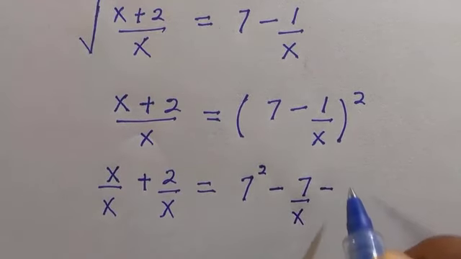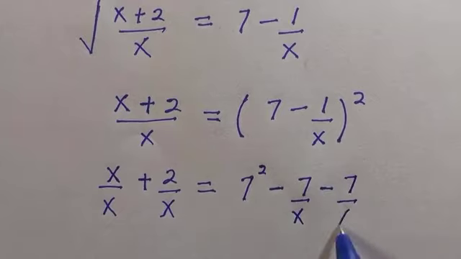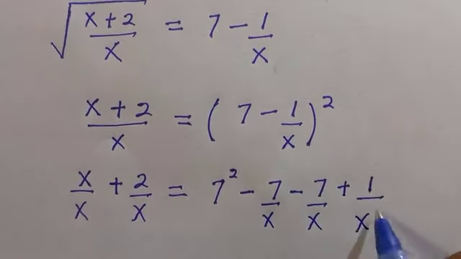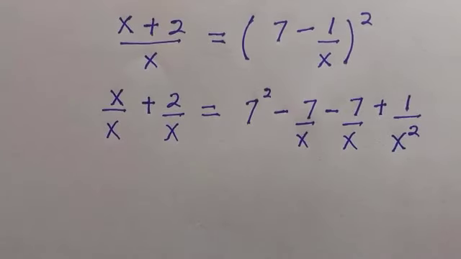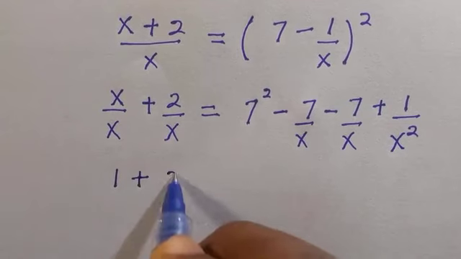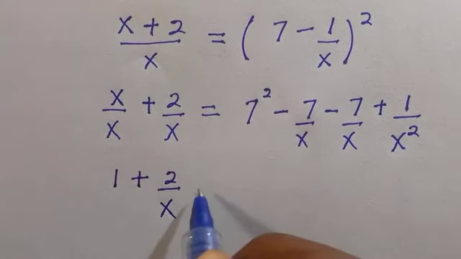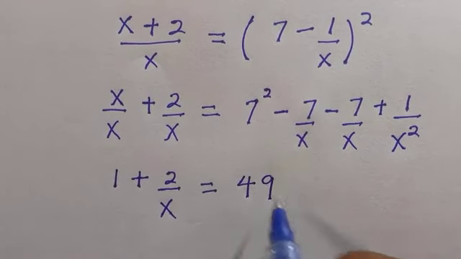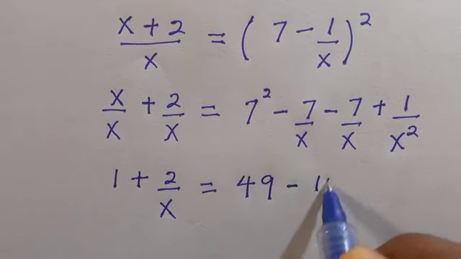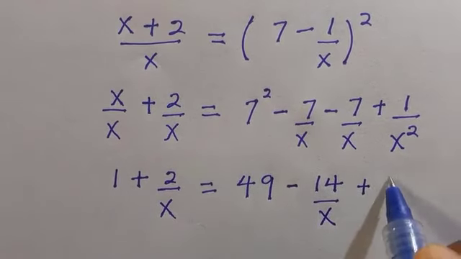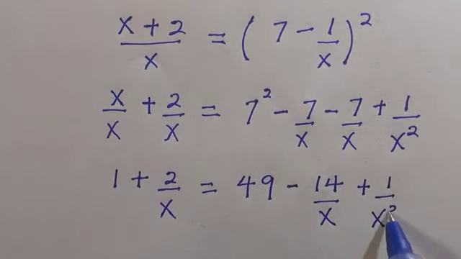Again, we have minus 7 divided by x and plus 1 over x raised to power 2. And we know 1 plus 2 over x here equals 3, 7 squared is 49, and the sum of the two middle terms is minus 14 divided by x, plus 1 over x raised to power 2.